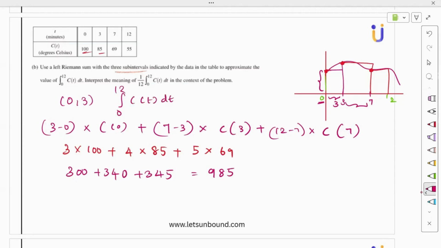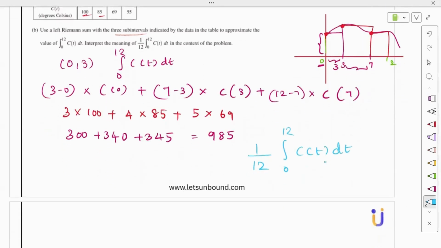And interpret the meaning of 1 over 12 integral 0 to 12 C of t dt in the context of the problem. This is similar to the mean value. This is the sum of all the area below the curve, and we are dividing by the length of the interval. So this is nothing but the mean.